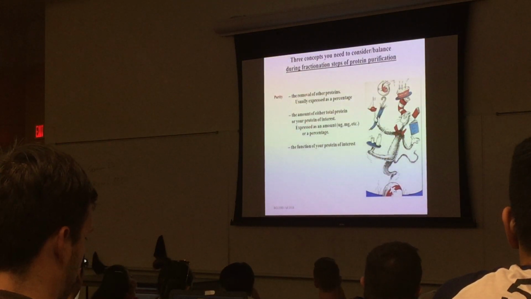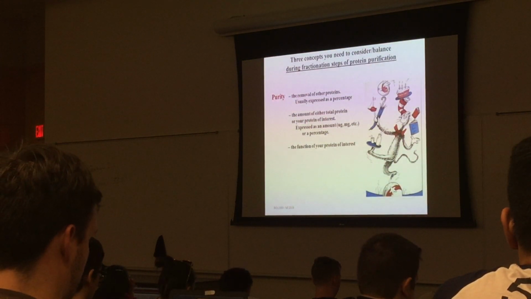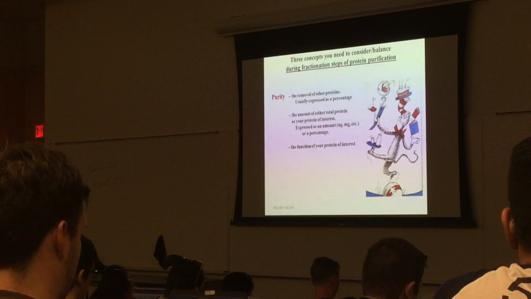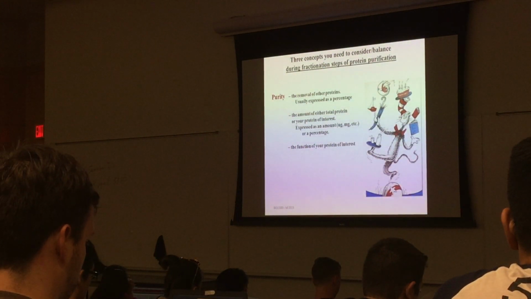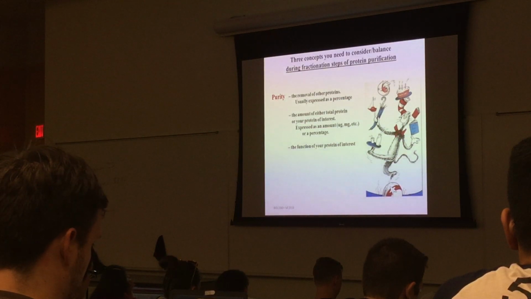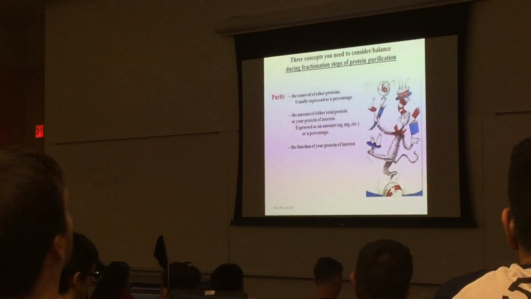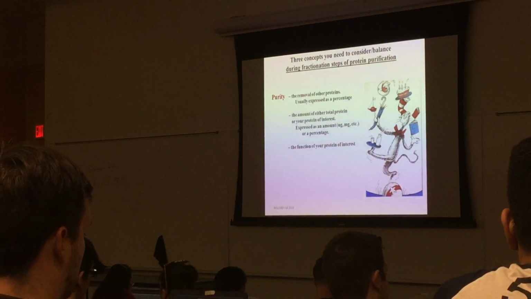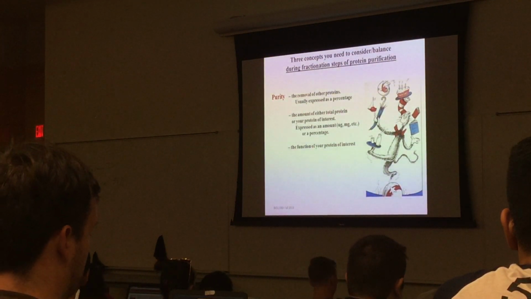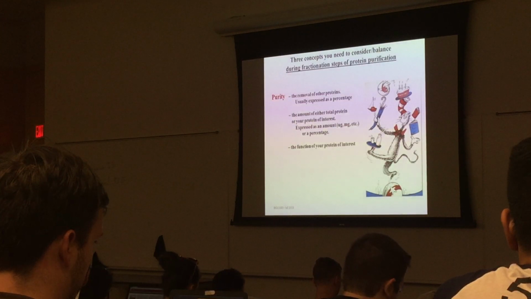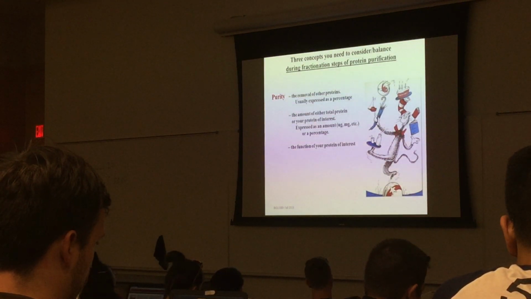The first is purity. Every step we do, our goal is to make that compound more pure. And so normally we express it as a percentage. So if I say something is 90% pure, then that means 10% of the remaining compounds in there are contaminants.